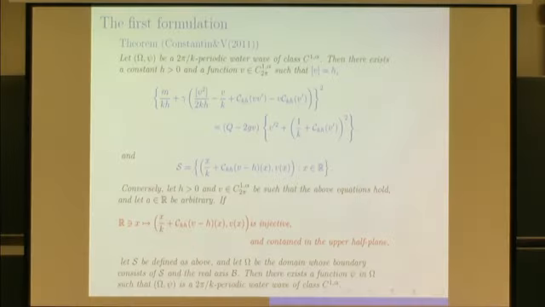If you start with a solution of this equation, then you construct this curve, which need not always be injective. But if you assume that it is injective and in the upper half plane, then in the domain between the axis and this curve you can solve the problem and you have a solution.